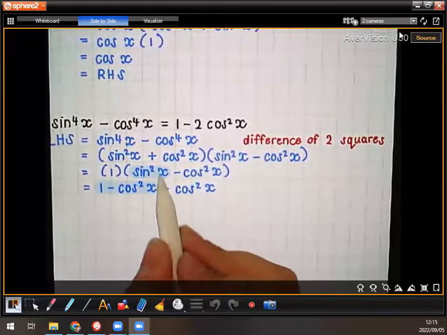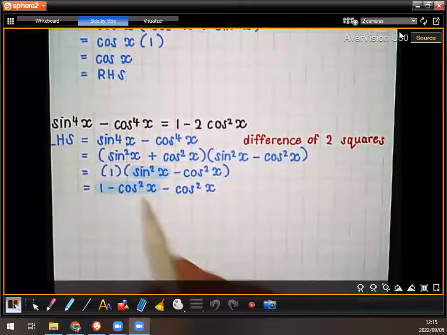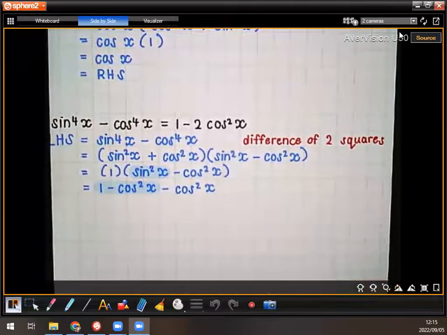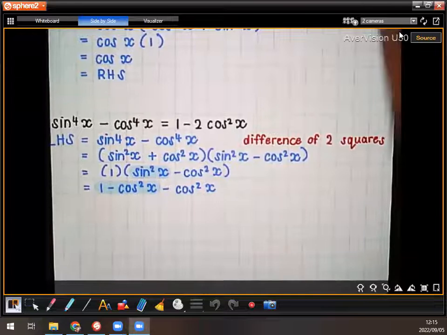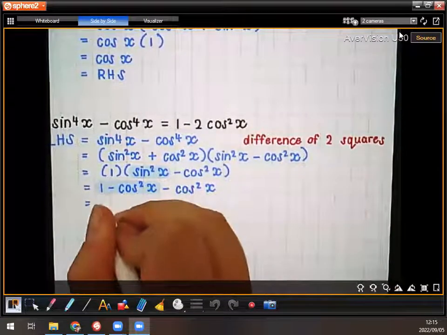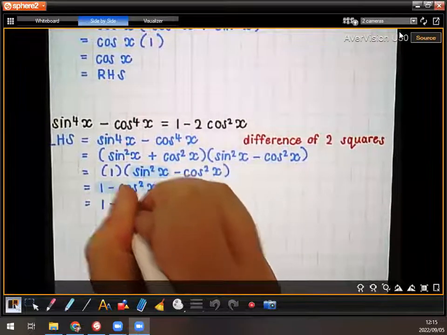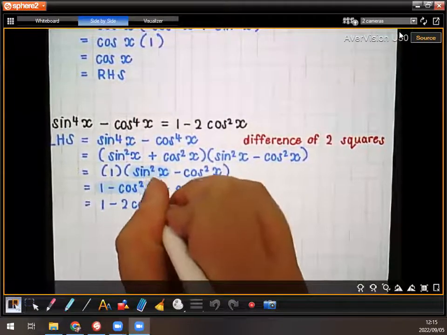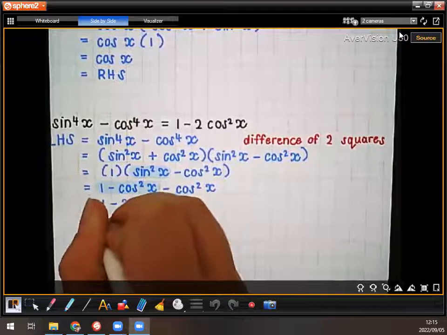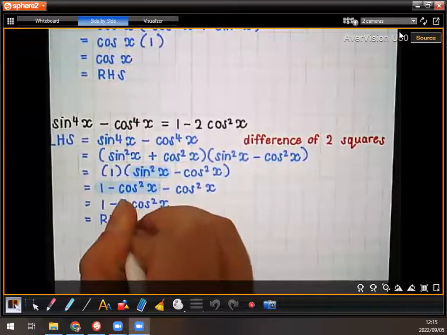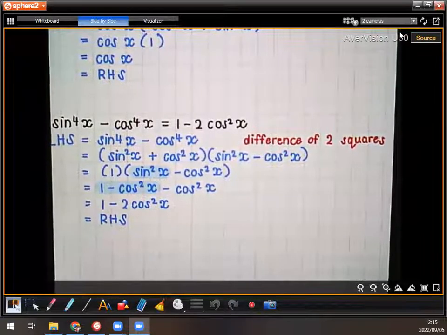I changed sine squared x to 1 minus cos squared x, and there was already a minus cos squared. Okay, so there we have that 1. Now, guys, what do you think negative cos squared x minus another cos squared x is going to be? Negative 2 cos squared x. Good, and that's what we wanted, hey? That is what was on the right-hand side.